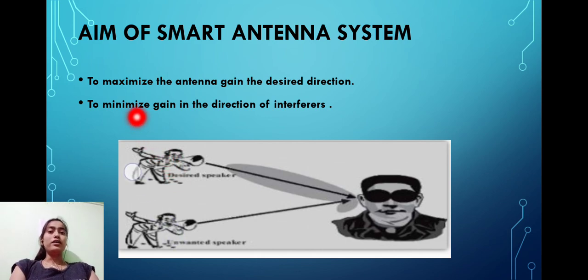Aim of the smart antenna system: to maximize the antenna gain in the desired direction and to place the nulls in the direction of the interferer. The basic requirement is to place a null in the direction of the interferer or to minimize the interference.